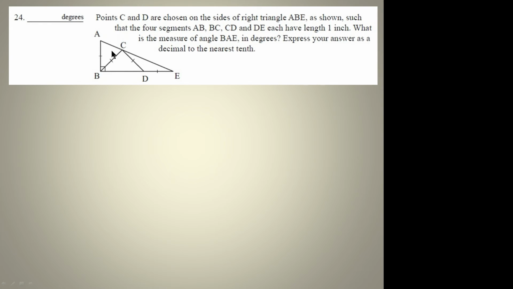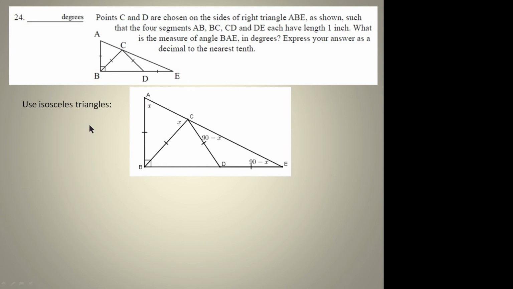Because we cannot find the answer here, it's not obvious, what we will do is assume that what we want to find is x. But here we have isosceles triangles. So here that's also x. How about this angle?